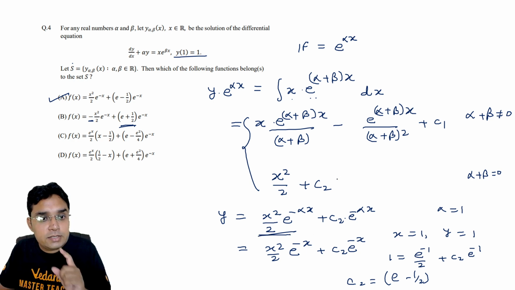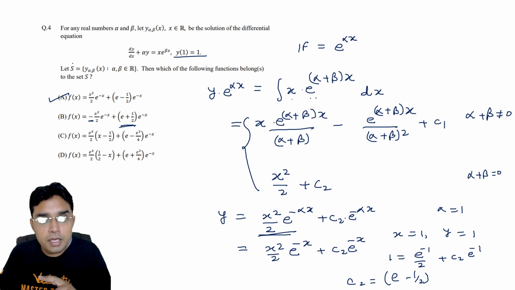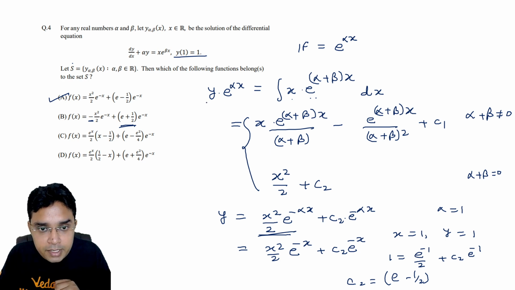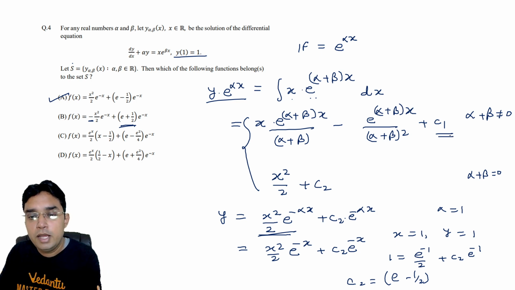Now, for C or D, where we have two different powers of e, this will be possible if we take the first case in which alpha plus beta is not equal to 0, because if I divide by e power alpha x on both sides, we will get a power of e power beta x and also e power minus alpha x. Let us write that.